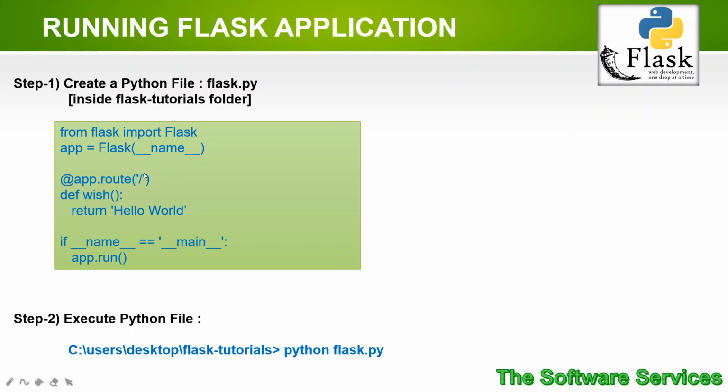So how to execute this file? The second step is executing this file. Move to the Flask tutorials folder and run python flask.py. In this way, the web development server will start and run on a specific IP, friends.